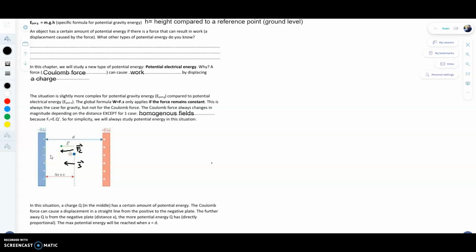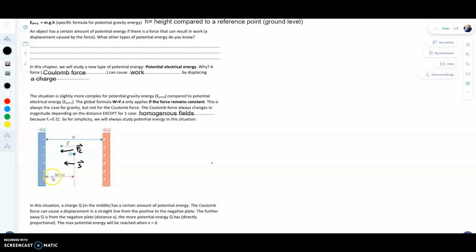You immediately can tell that this makes things more complicated than gravity, because in gravity, well, you were talking about masses, and those are always positive. However, charges can also be negative, meaning that you can have different types of potential energy. Now, what do we call the maximum or the height if we're making our comparison between electrical energy and gravity energy?